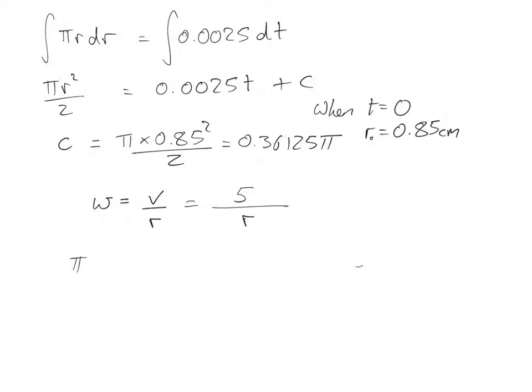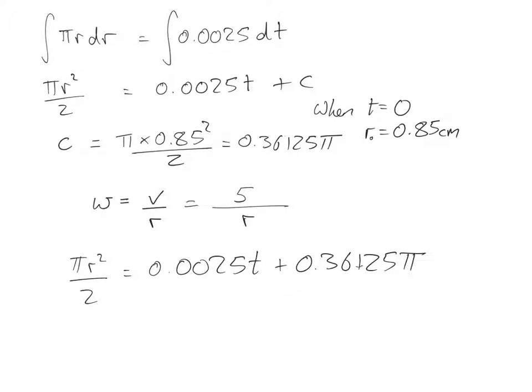so we've got pi r squared over 2 equals 0.0025 t plus 0.36125 pi.